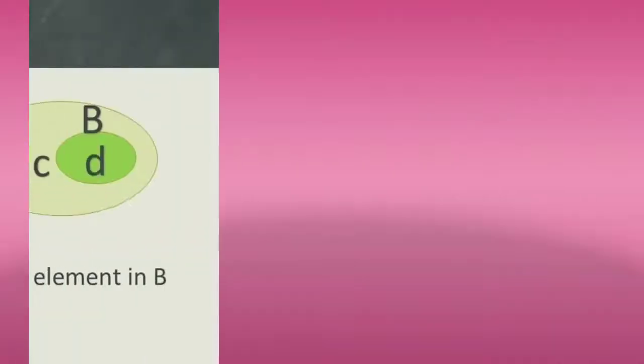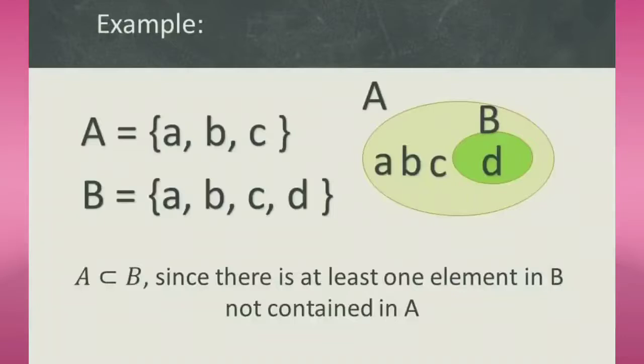For example, we have set A, set B. Set A, we have the following elements: A, B, and C. We have set B. We have the following elements: A, B, C, and D. The question is, is A a proper subset of B?